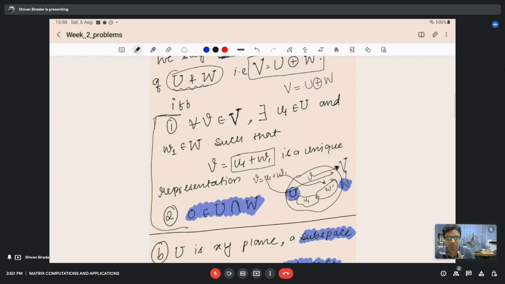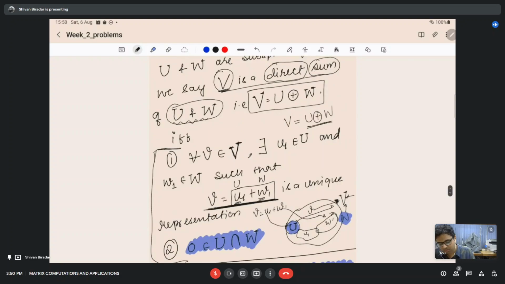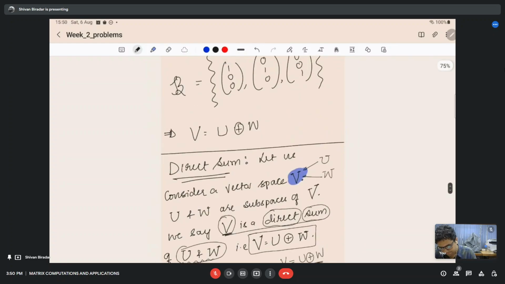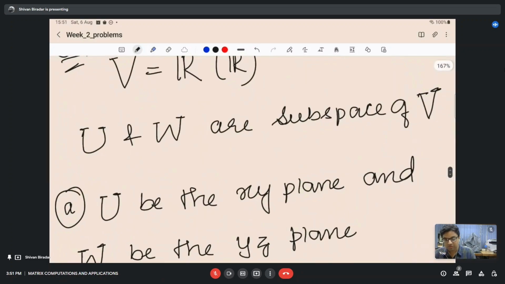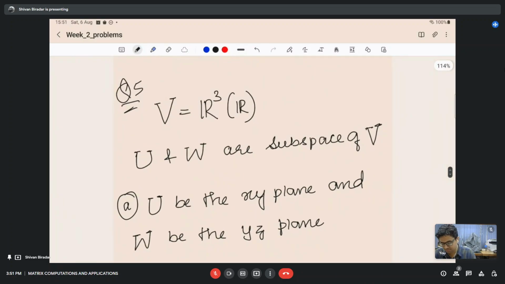And if I take a vector V in the vector space V, and I can express this vector V as the summation of U1 and W1, where U1 belongs to the subspace U and W1 belongs to subspace W, and if this relation is unique, then we say that V is the direct sum of U and W. Remember, this is a very important point. I hope you understood the meaning of direct sum here.